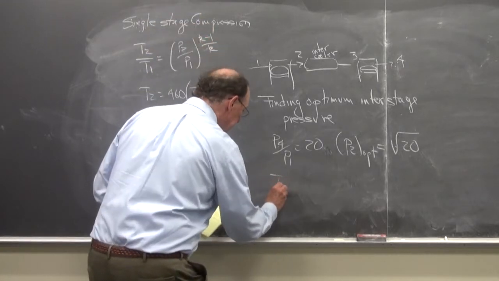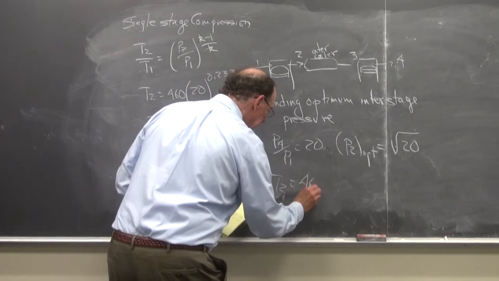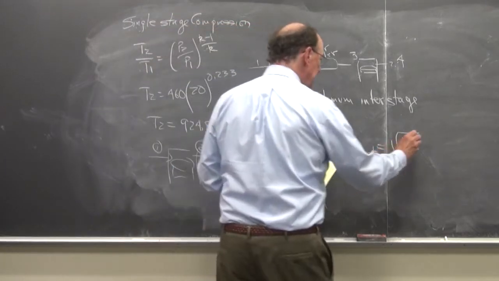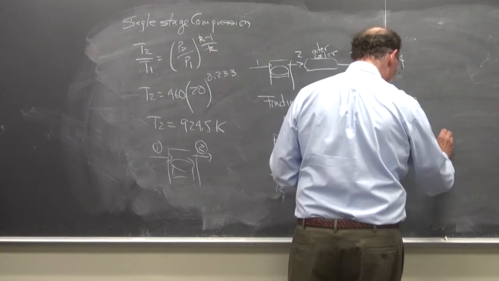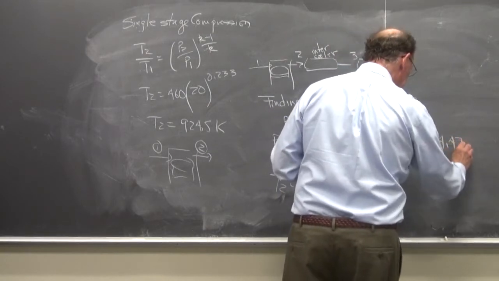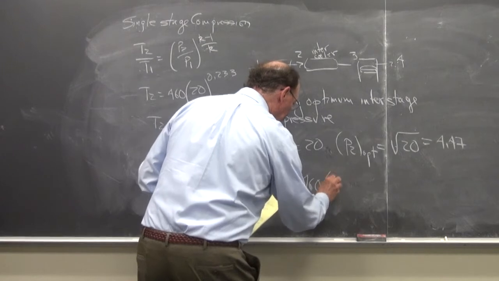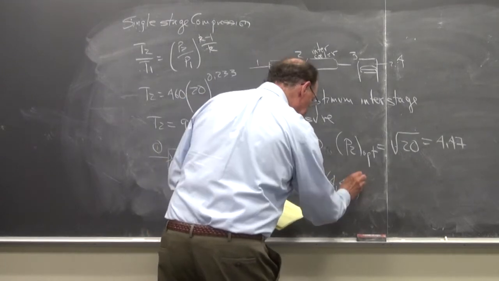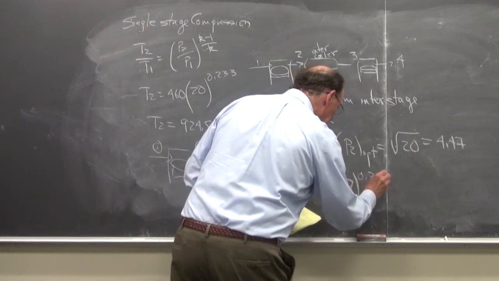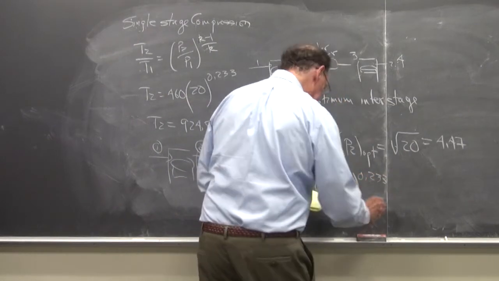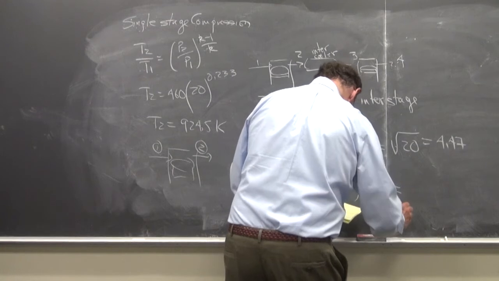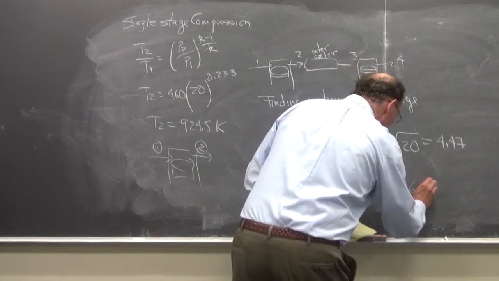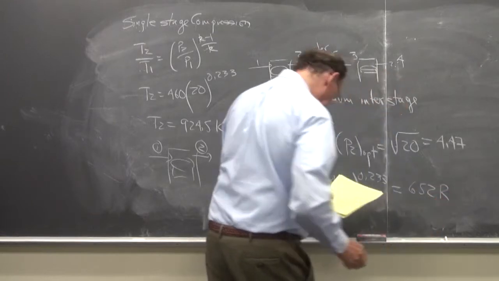So we have that T2 is equal to 460, the same inlet. And now P2 over P1 is 4.47. 4.47 to the 0.233. So this is 652 degrees Rankine.